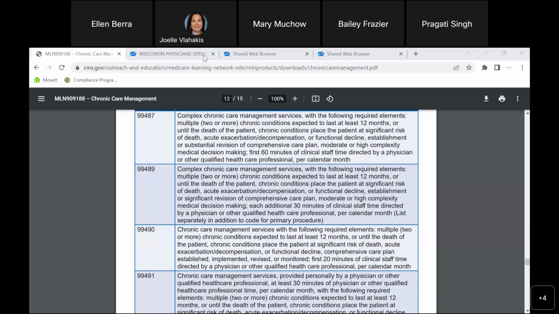And don't forget, a patient, for example, who requires some time from the physician to oversee clinical decision-making, but perhaps it doesn't meet the threshold for time. That might be someone where you're billing for clinical staff time, but you consider it complex.